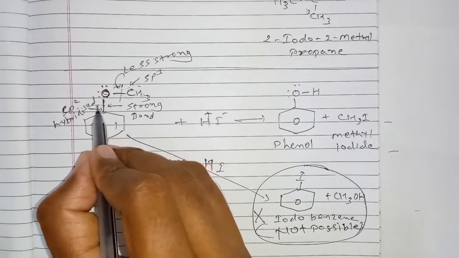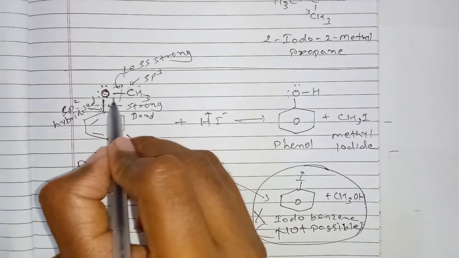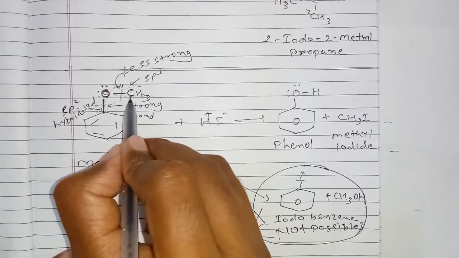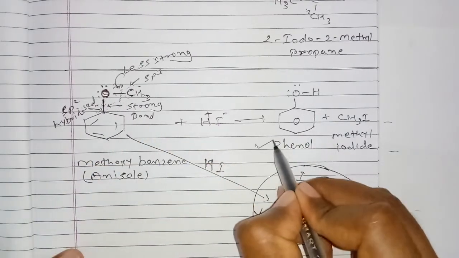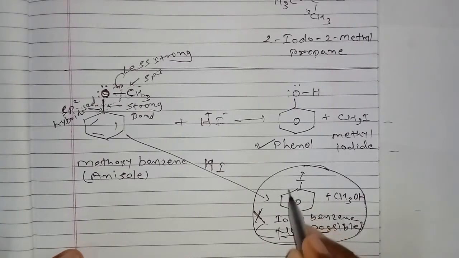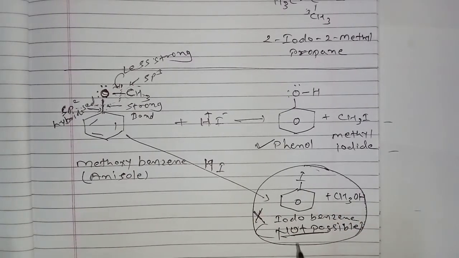Here the bond will break between oxygen and the sp3 hybridized carbon atom, and it forms phenol. So this reaction forming iodobenzene is not possible.